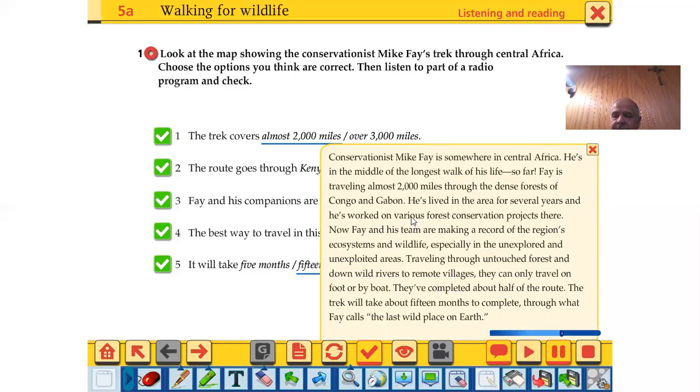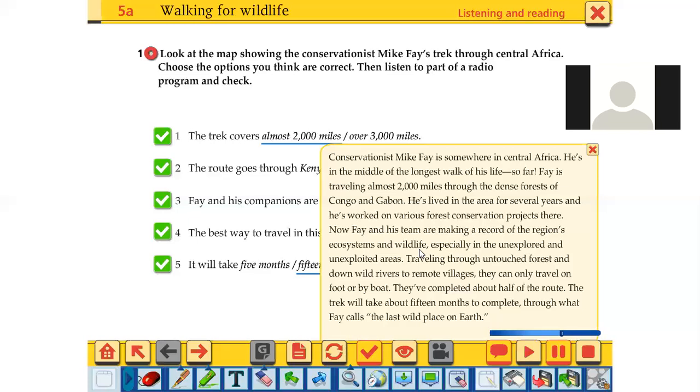Okay, this is interesting, okay? It says here, he's working various conservation projects. Now Fay, what is he doing? Fay and his team are making a record. They are registering the region's ecosystems and wildlife. Do you understand the word wildlife? Yes. What is wildlife?